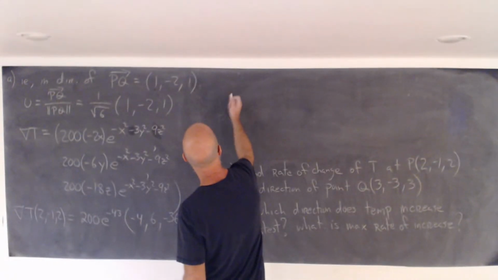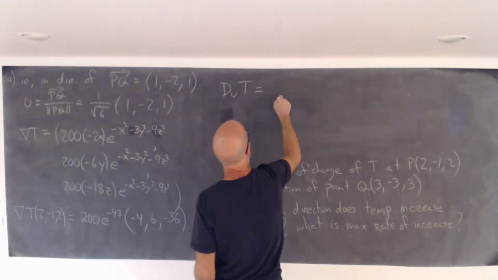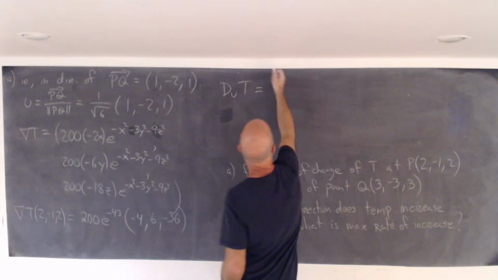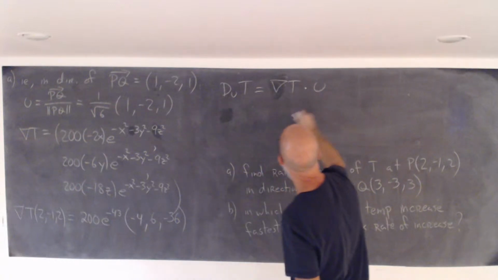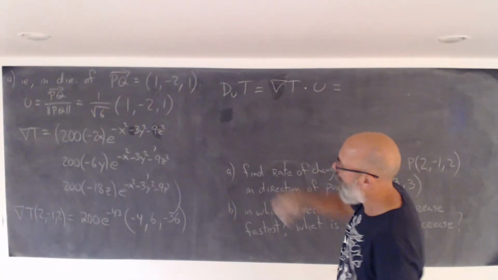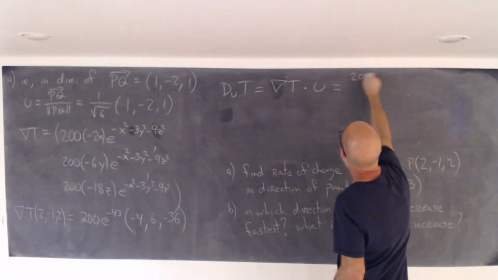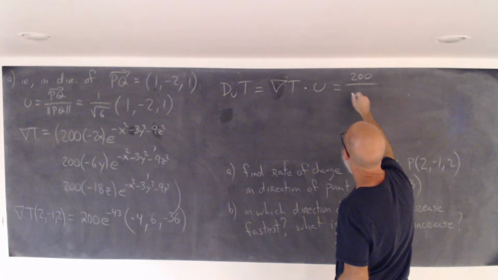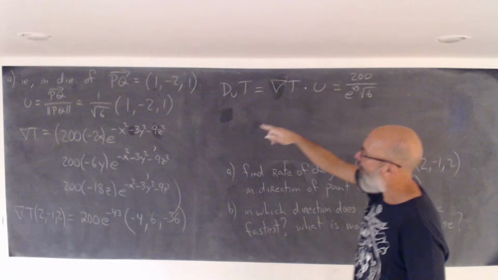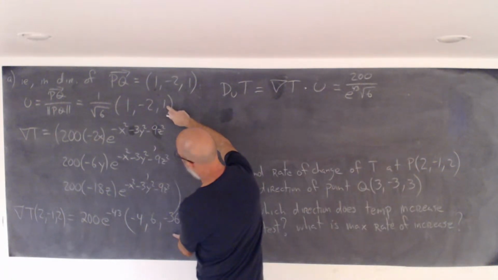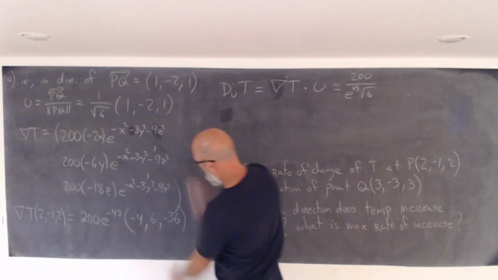So the directional derivative D_u T is gradient of T dotted with u, which in this case is 200 over e to the 43 root 6 times the dot product of these two things. Minus 4 minus 12 is minus 16.